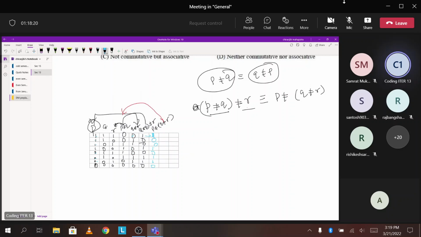So check that 1 1 0 0 0 0 0 0 1 1 1 1 0 0. These two are equal, so from here we conclude the associative nature.